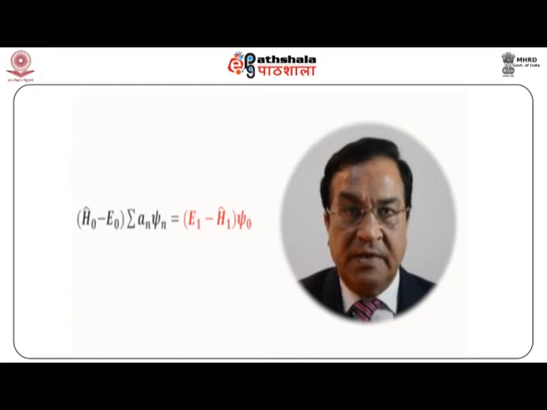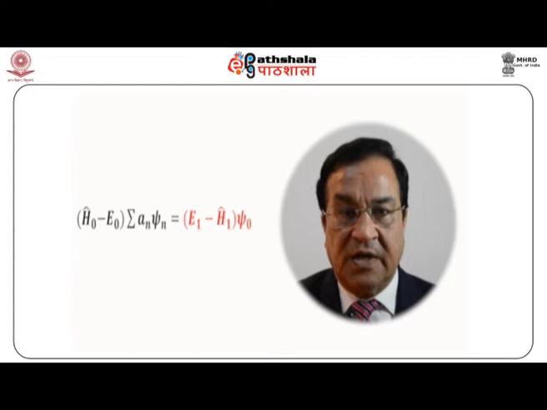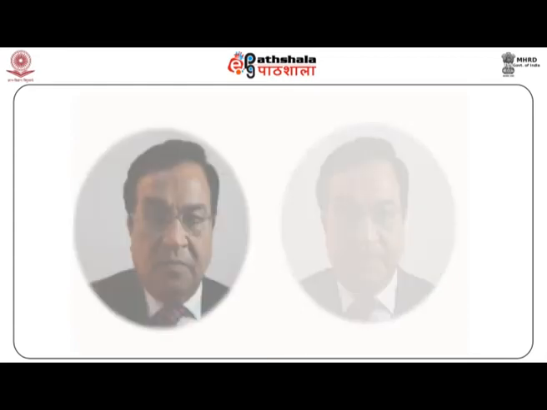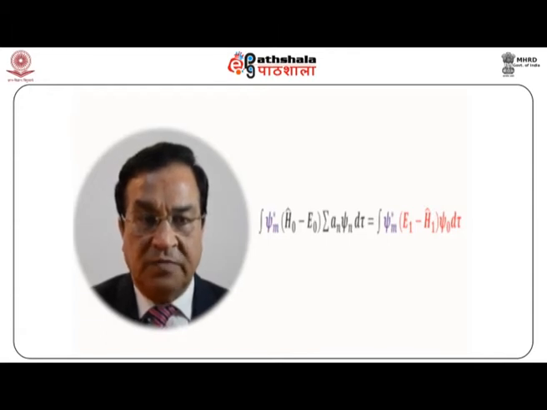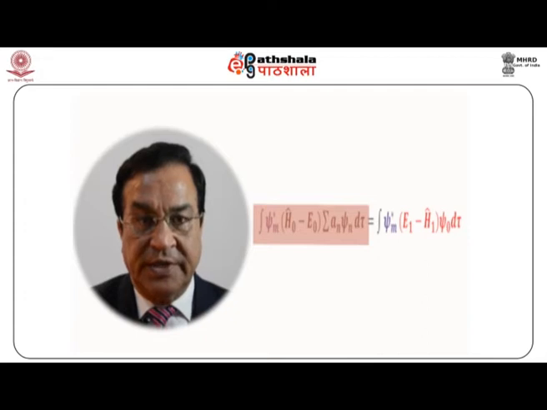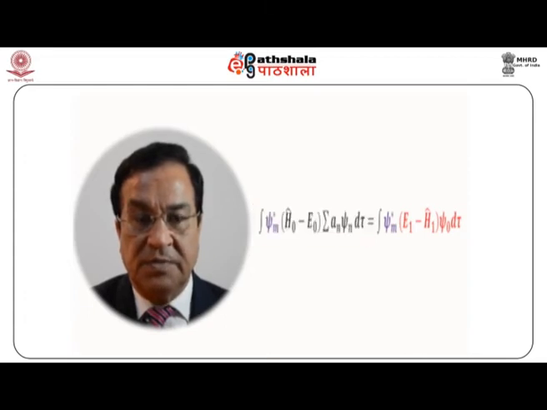If we multiply both sides of this equation 15 by psi m star and then integrate, we get equation 22, and if we solve the left hand side of equation 22, this becomes equal to integral psi m star (H0 minus E0) summation a n psi n d tau.